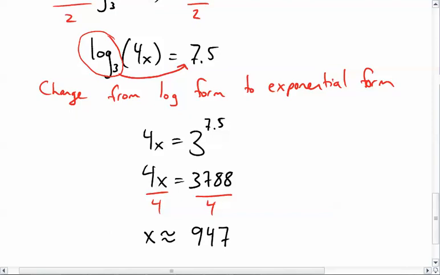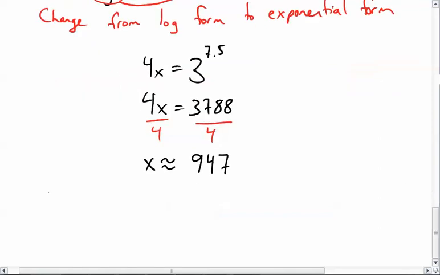Okay, so you don't usually change from log form to exponential form when you're solving a log equation. So maybe I'll take one of these odd ones just as an example so that you can know the typical steps for solving a log equation. So if you look at number 95, this one isn't in your homework, but it can help you understand. ln x minus ln 3 equals 2.